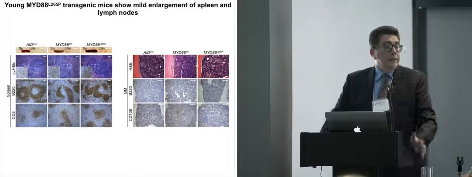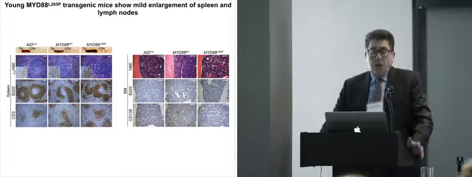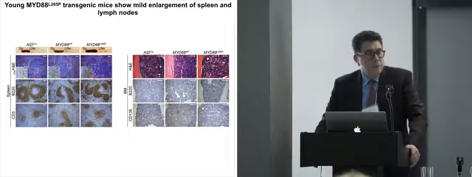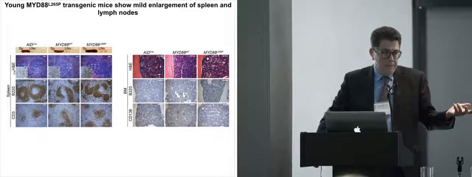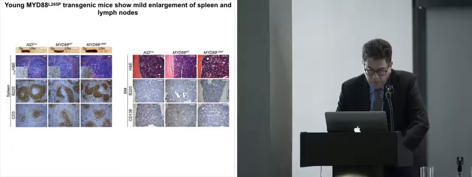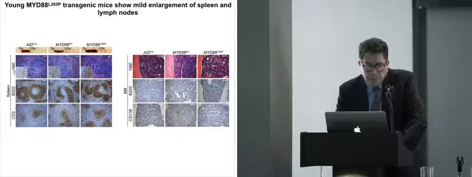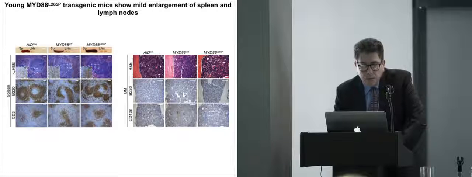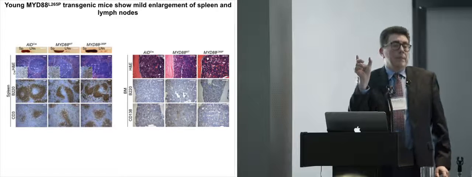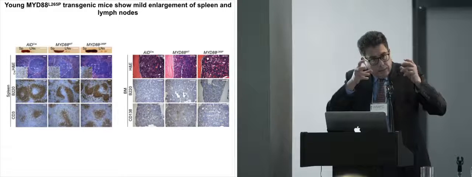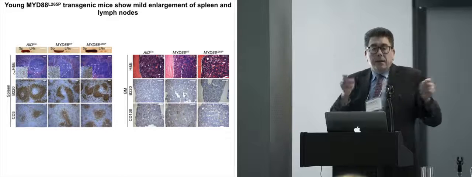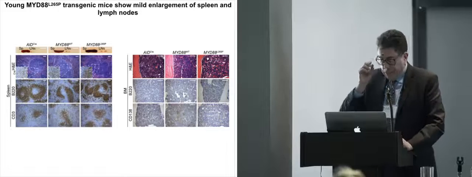So going back to the characterization of our animals, young mice, we refer to young mice as about 4-week to 10-week-old mice. And what we observe is that this is the spleen and these are the lymph nodes. In the mutant transgenic, we see a slight enlargement of the spleen, but it's very consistent. So the size of the organ is larger in the mutant than in the non-transgenic.